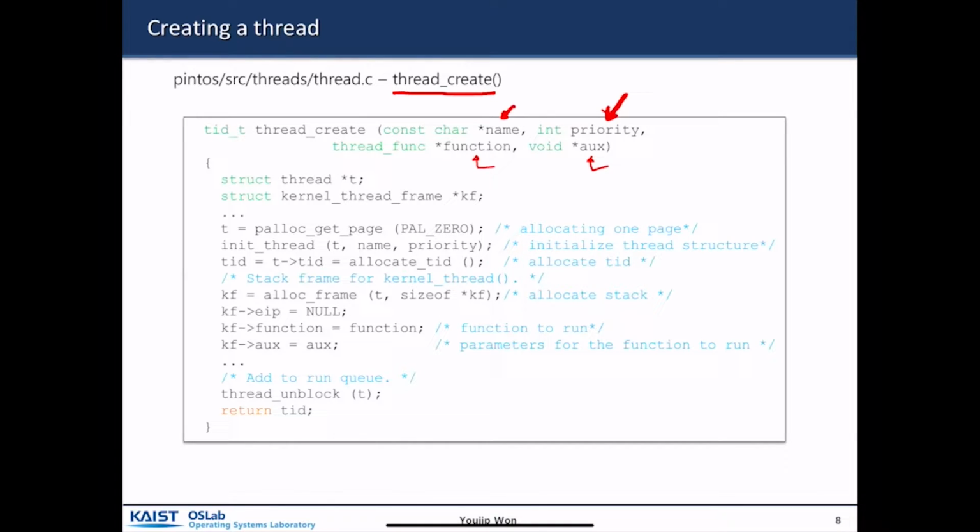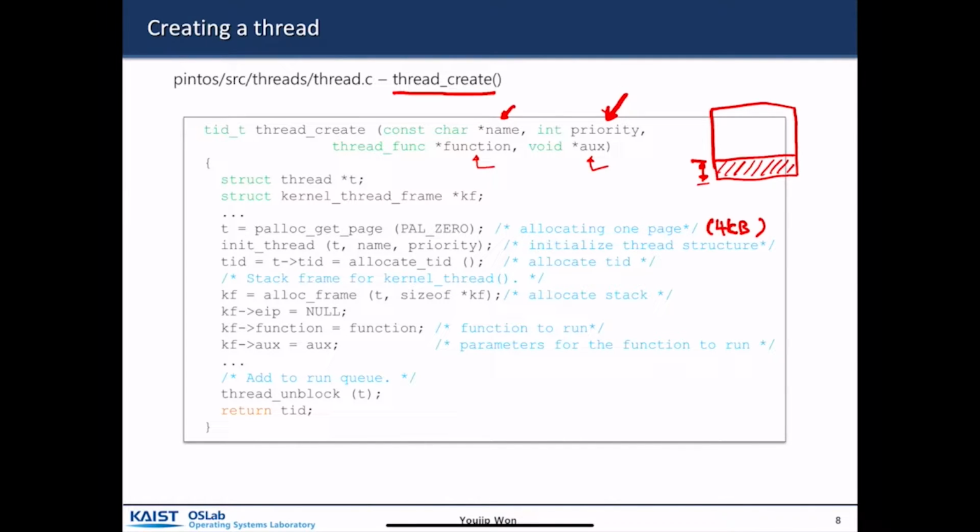The first one allocates a single 4 kilobyte page in the kernel space. And then in that 4 kilobyte address space, it initializes a thread structure. This is going to be 64 bytes or 128 bytes or whatever the thread structure size is going to be.